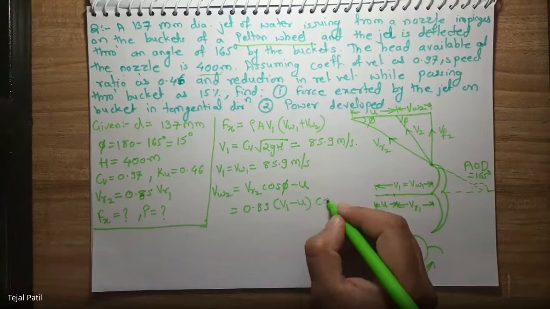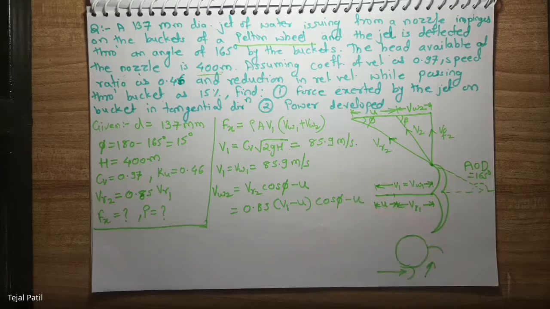So 0.85 (V1 minus U) cos phi minus U. If you feel that putting everything in the same equation is confusing, you can do it separately also. First find VR2 and then go for VW2. That is also fine. If you are feeling it is confusing, go stepwise. That is much better than doing everything directly in one equation, as that will avoid your mistakes.